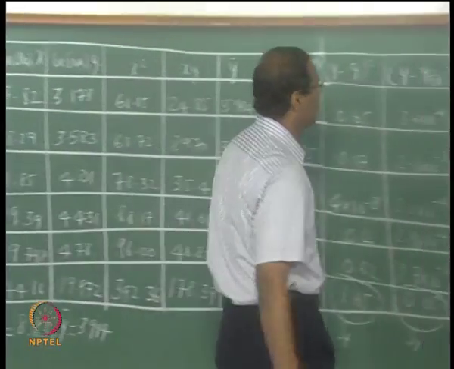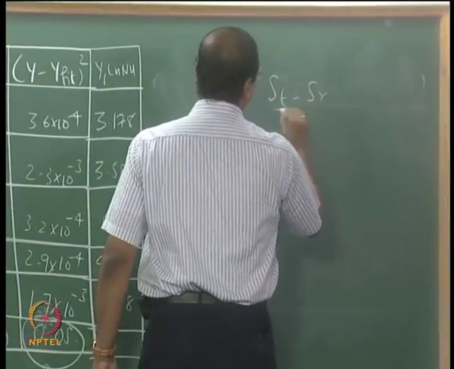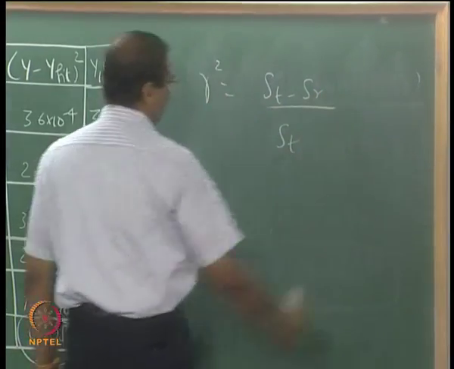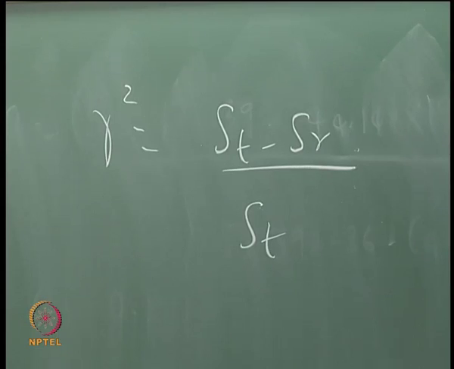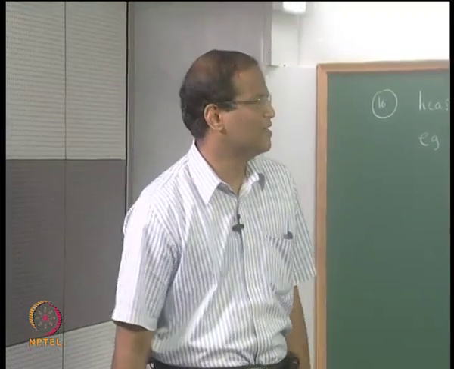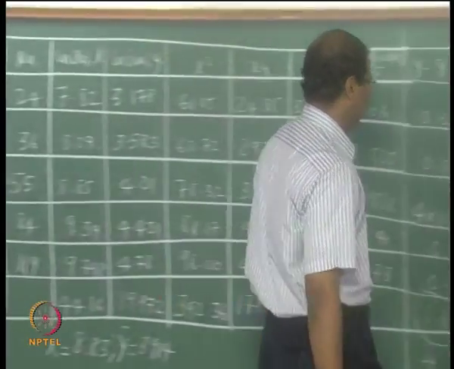Now I can introduce a term called R squared equal to ST minus SR divided by ST. Calculate that.